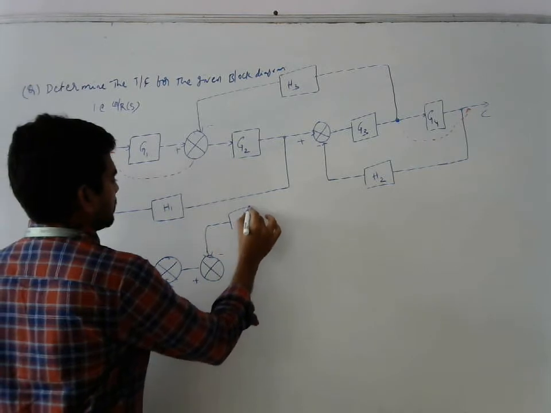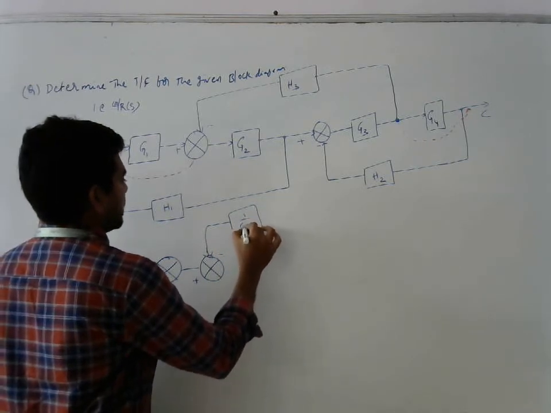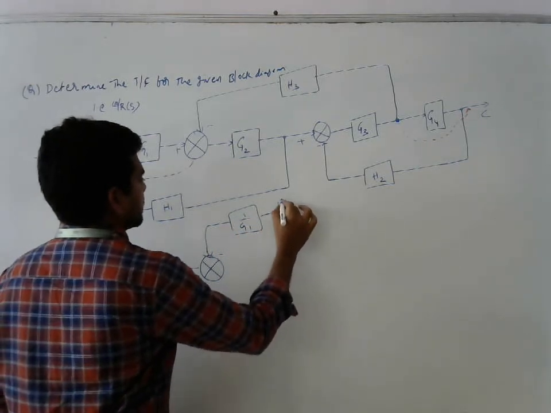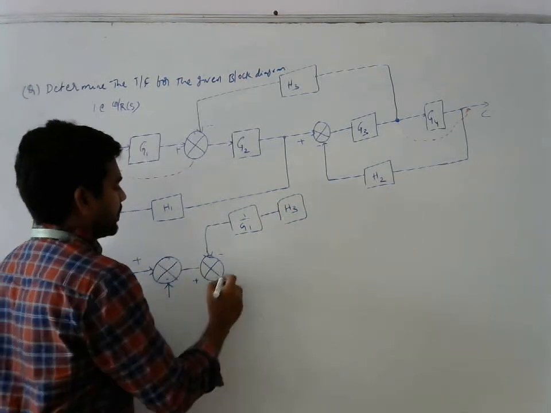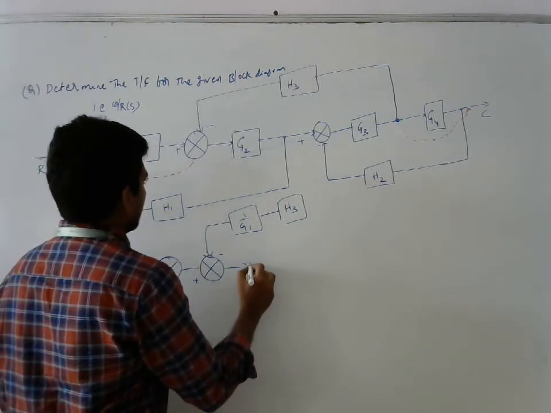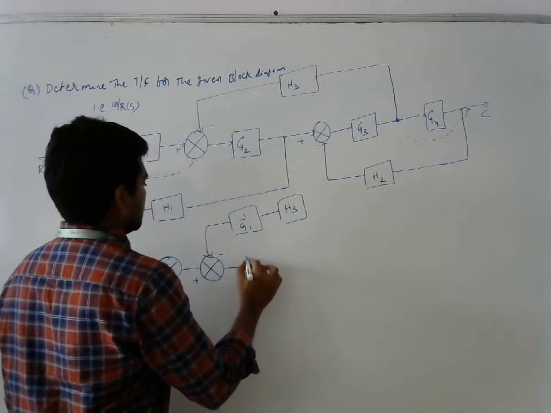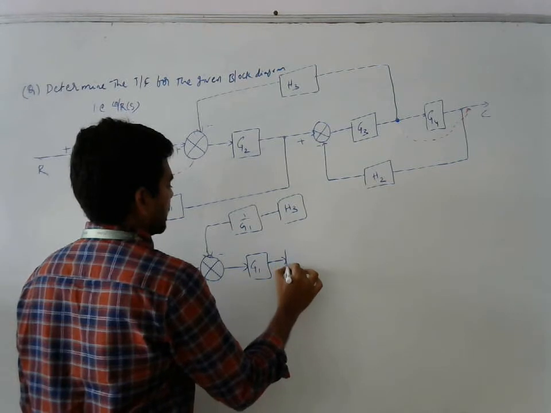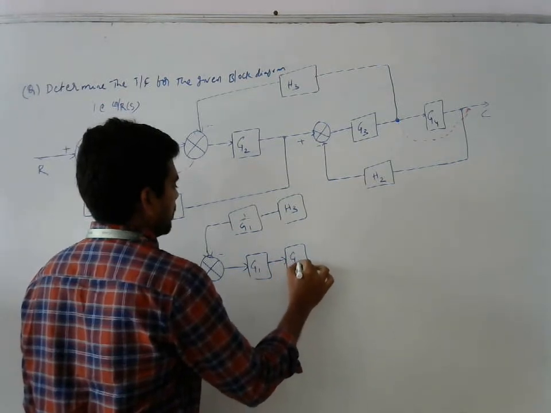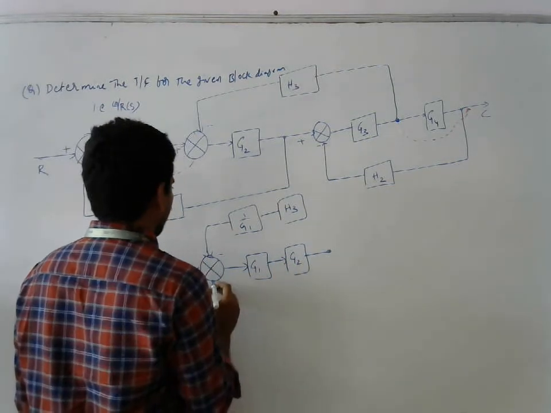This will be multiplied with 1 by G1, after that H3. Now we are having G1, after that we are having G2, again we are having 0.3.